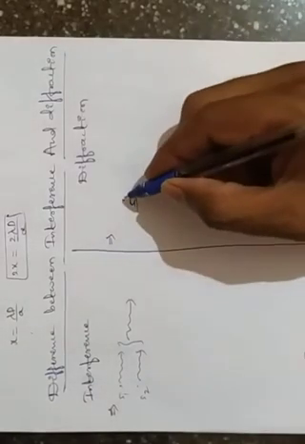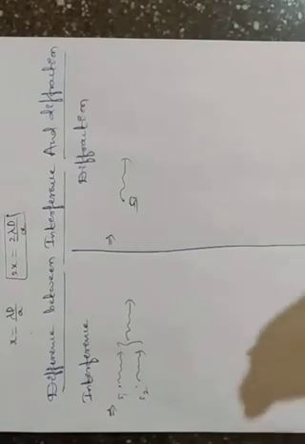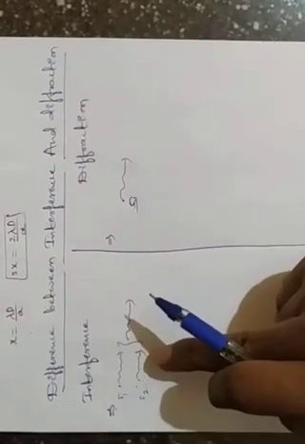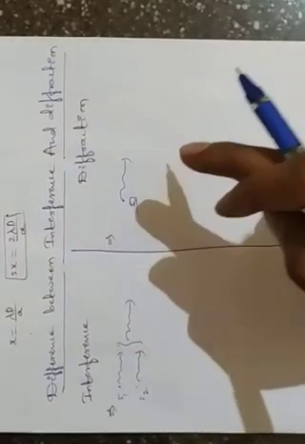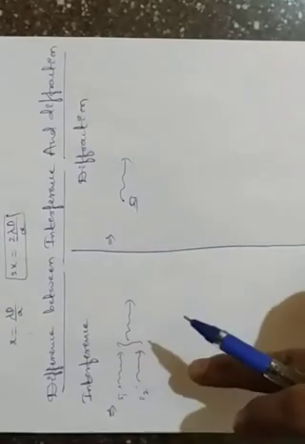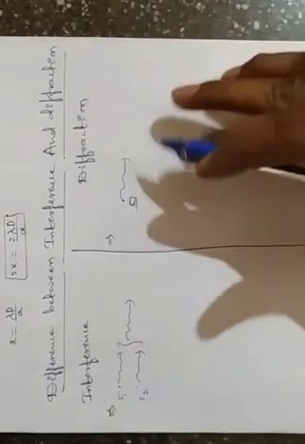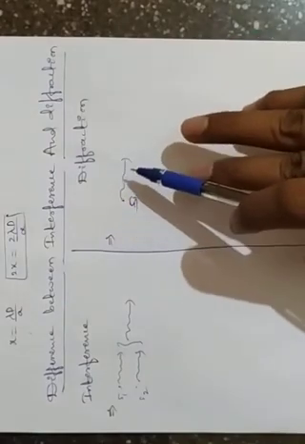So the waves come from one source S, and it is again divided further into small parts of the source. But here it is a single source, there it is a double source. So here it forms a diffraction pattern, there it forms an interference pattern. So diffraction is because of the secondary waves originating from the source.